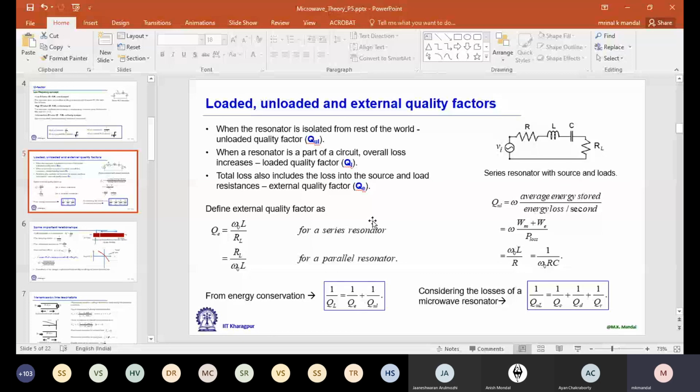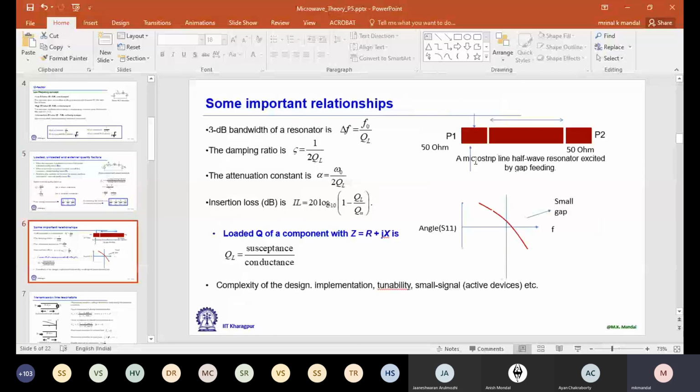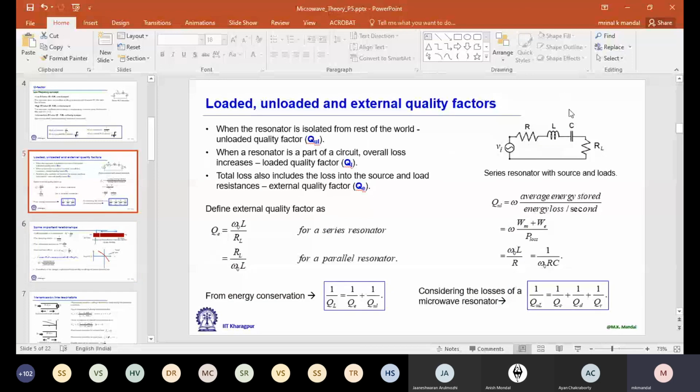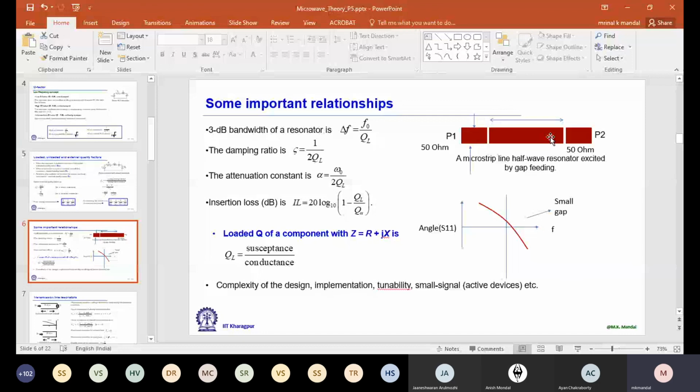In a full wave simulator, it is easier, because if you want to do it for a microstrip line or waveguide resonator, then where is R? Where is L? That is for a series resonator circuit. It's a low frequency concept. Well, for all the resonators, we can use that representation by parallel resonator or series resonator.